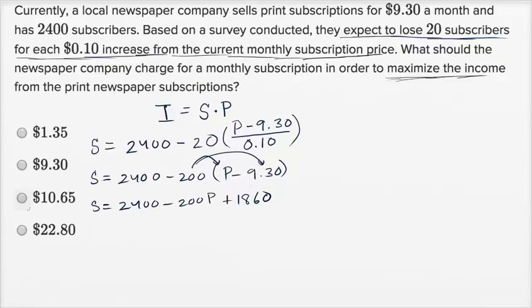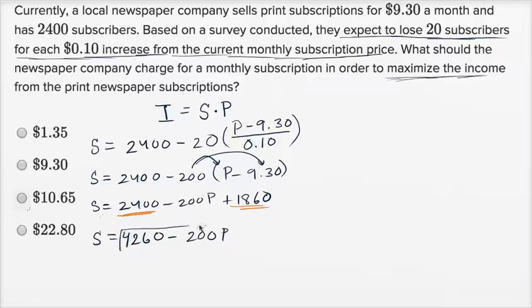And now we can add this to that, and we are going to get the subscribers are going to be equal to 2,400 plus 1,860. If you add 1,000, you get to 3,400, and then you add 860, you get to 4,260. So you get 4,260 minus 200P.